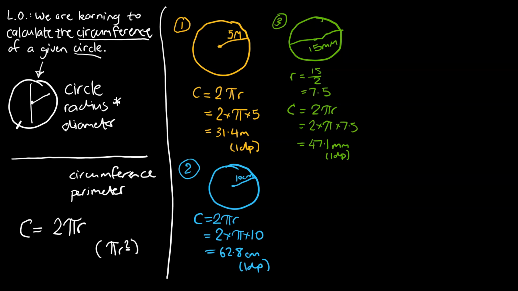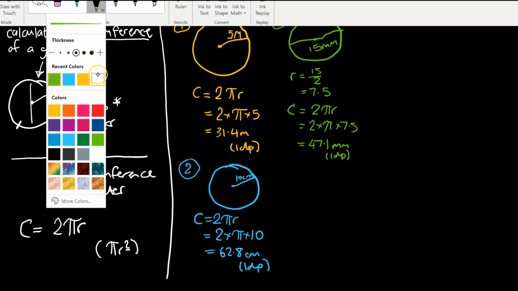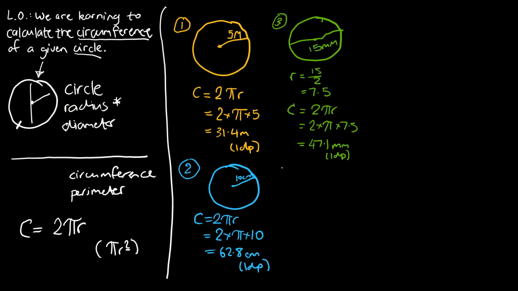So let's give another one of those a go as well. Let's change to the white colored pen. So question 4. Let's say we've got a circle. It's a small circle. It's got a diameter of, say, 2 centimeters. So in this case, we're going to chop that in half, divided by 2, so that gets us to a 1 centimeter radius. From there, we can put that into our equation. So the circumference of a circle is equal to 2 pi r.